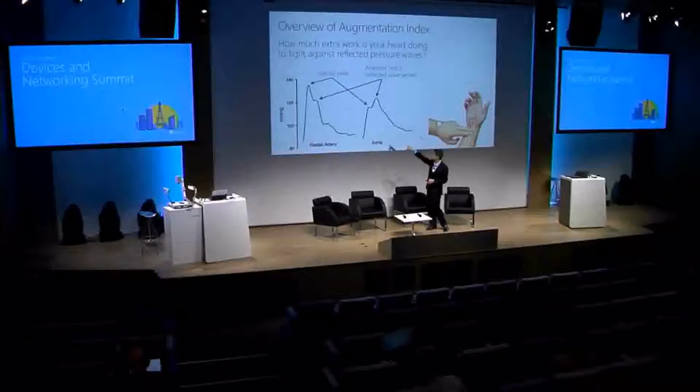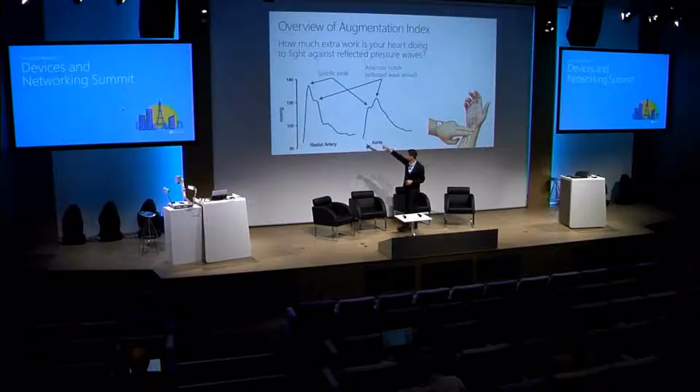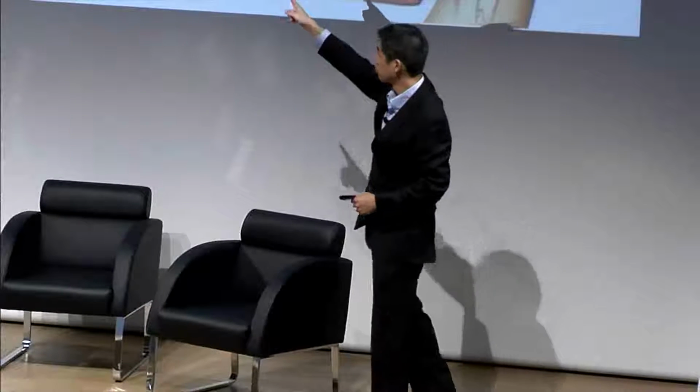If you look at the reflective wave, which is called the anacrotic notch, at the wrist, you'll see the second bump as the wave comes back at the heart. If you actually insert a catheter in the heart, what you'll see is that the reflective wave is actually quite large at the heart. And if you're worried about how hard the heart is having to work, it's having to work against that reflected wave coming back at the heart. And so that's what we really care about.